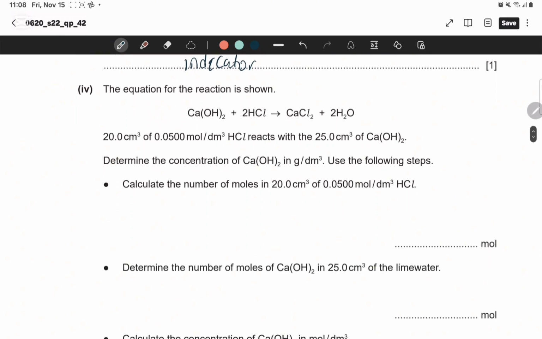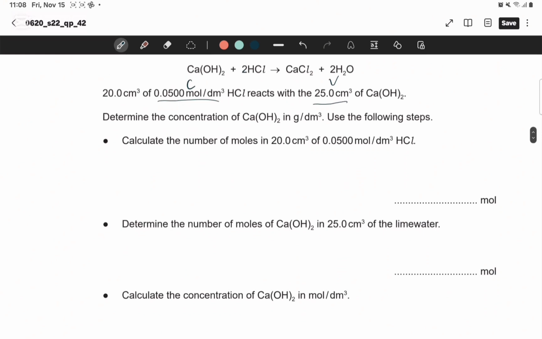The equation for the reaction is shown. 20 centimeters cubed of 0.05 moles per decimeters cubed, so that's the concentration of HCl, reacts with 25 centimeters cubed of Ca(OH)2. Determine the concentration of Ca(OH)2 in grams per decimeters cubed. Use the following steps. Calculate the number of moles in 20.0 centimeters cubed of 0.05 moles per decimeters cubed HCl.